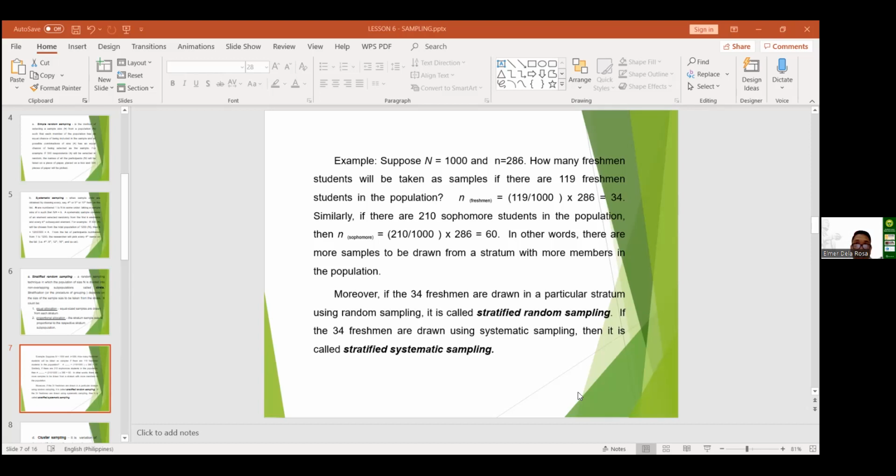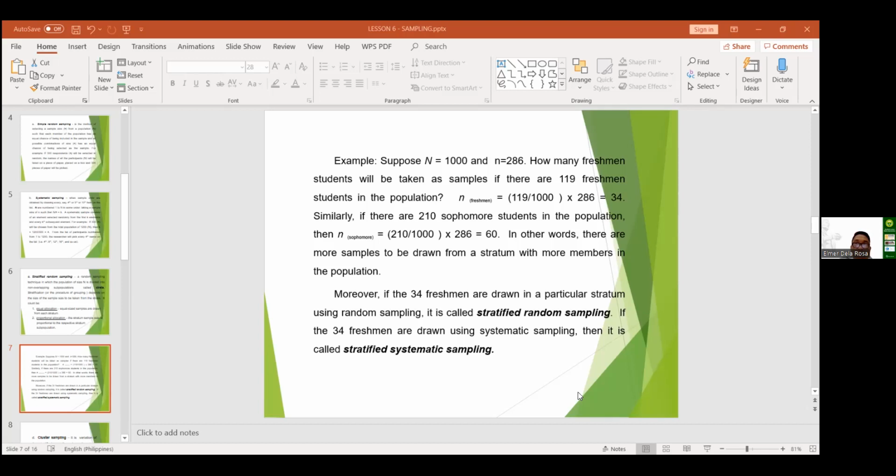Because you want that kung mas marami ka sa population, dapat mas marami ka rin sa sample. Proportion ang tawag doon. So for example, ilang freshmen ang kukunin sa 286 na sample size kung sa population ay 119 sila.